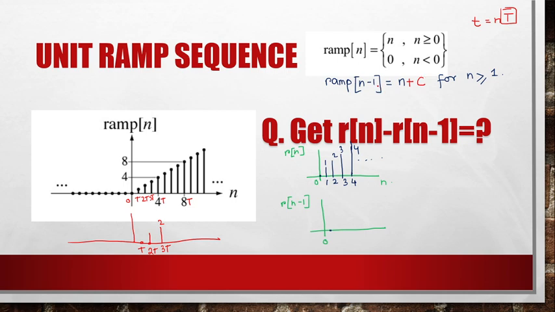It doesn't come with other signals, in continuous as well as in discrete, but in the ramp you cannot write it in this way. This type of signal writing in case of ramp is not valid.